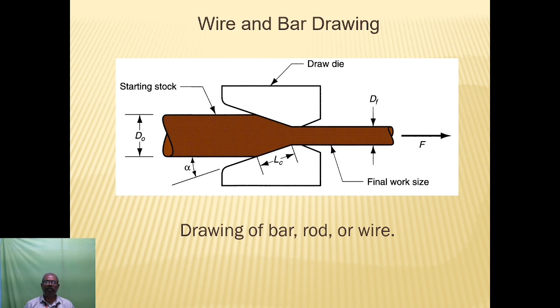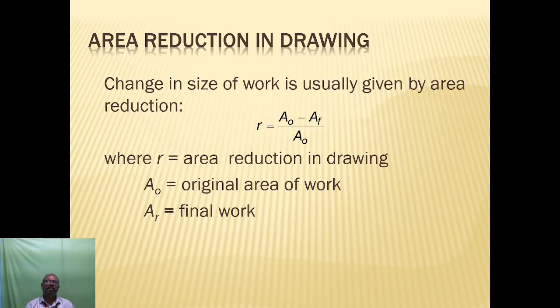Deformation is taking place. The change in size of work in drawing is usually given by area reduction R equal to A0 minus AF by A0, where R is area reduction in drawing, A0 is the original area of work, and AF is the final area of work.